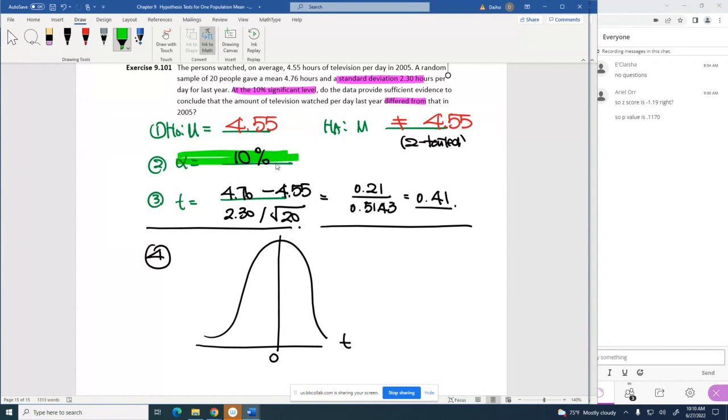Before we had right tail, greater than, so we plugged all alpha into the right tail. But now we have a two-tailed. Any idea? Both sides. How much and how much? Half and half. We split alpha half and half into the two tails.